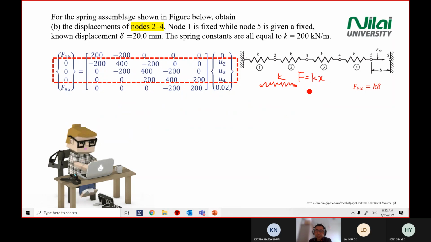Or k delta. So at point number 5, actually you can calculate. You take k times the displacement, or the elongation, of the spring. So F5x here equals k delta. K is given, delta is given. So Fkx equals 4 kilonewton.